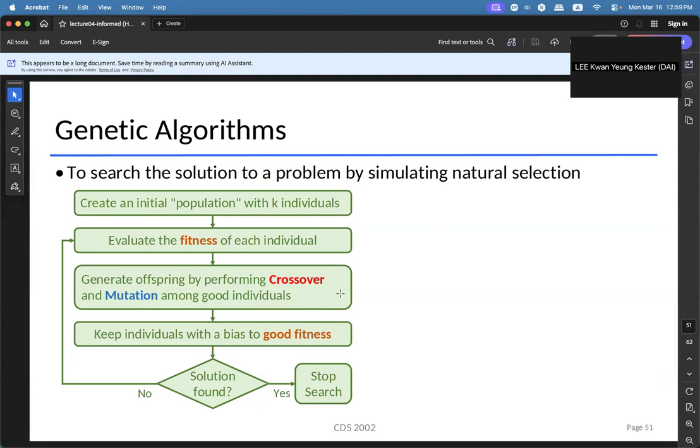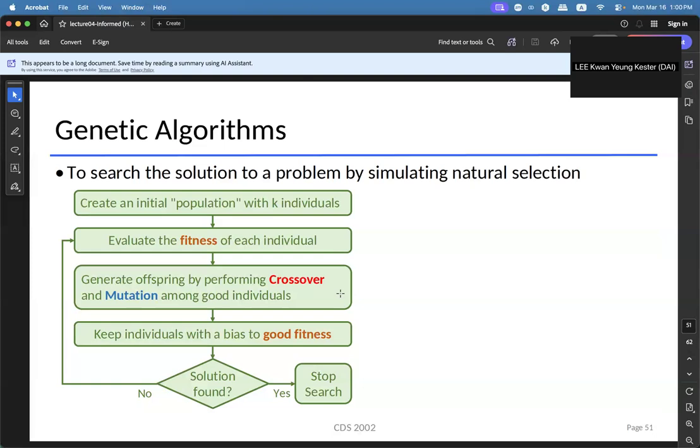We try to consider the configuration of variables as the chromosome of an organism. We consider a configuration of values of a bunch of variables as a vector. If I draw it as a vector, then I can consider it as the chromosome of an organism.